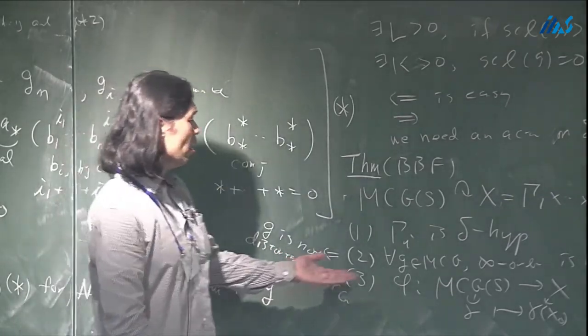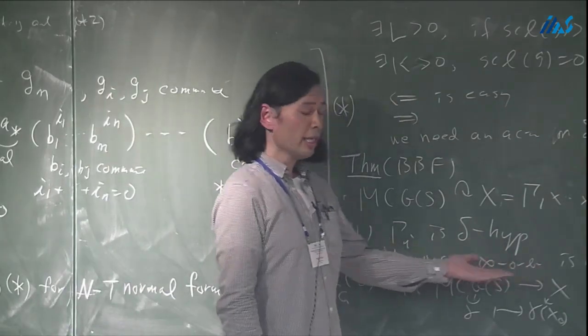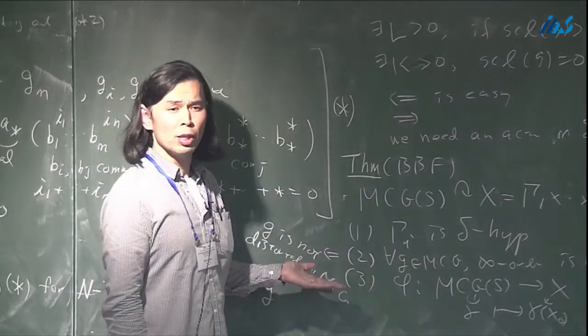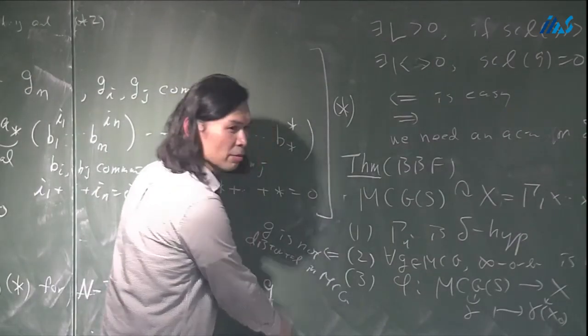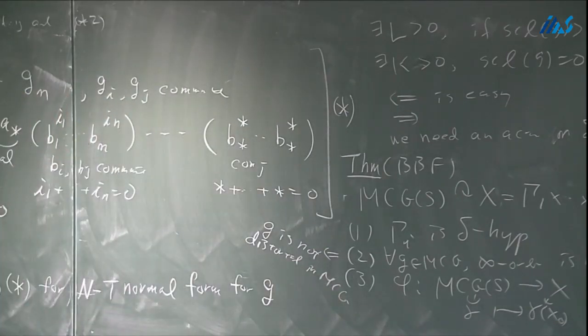So any mapping class of infinite order is not distorted in the mapping class group. That's a theorem by Farb, Lubotzky, and Minsky. But we found another sort of obvious consequence from this theorem. So I stop here. Thank you.